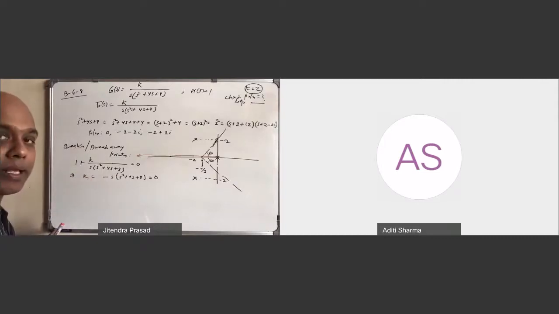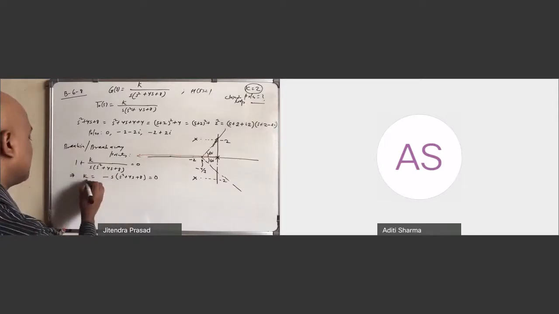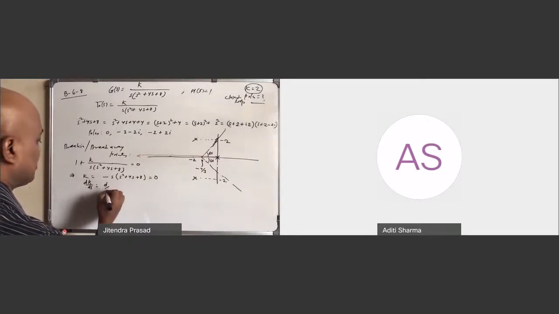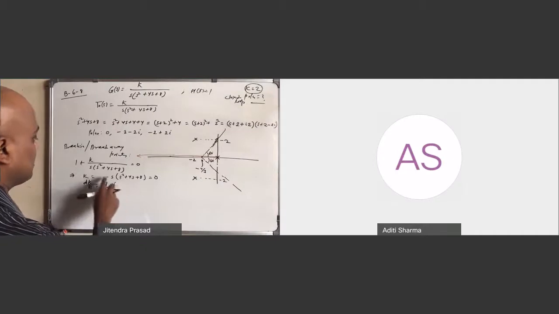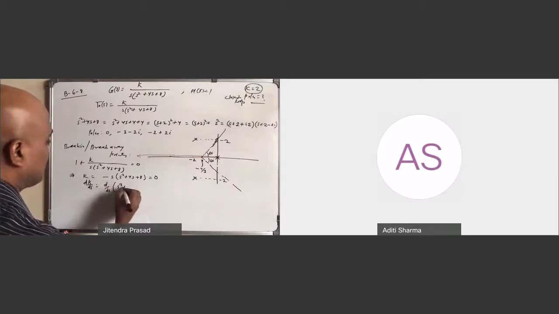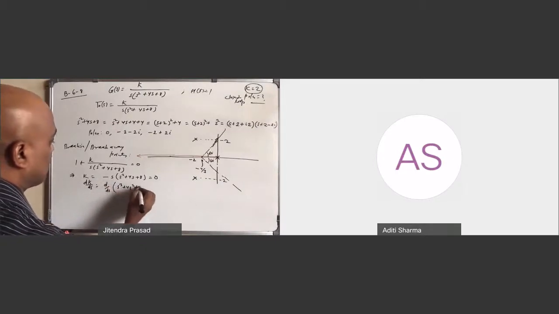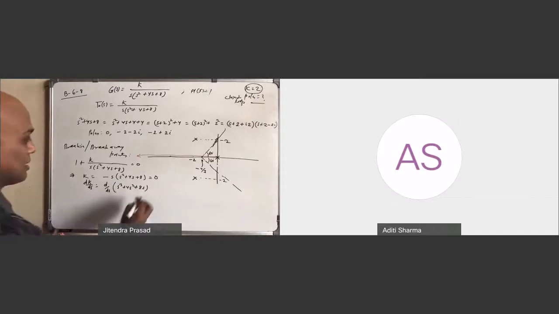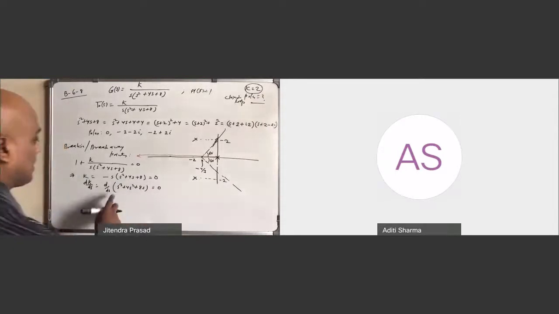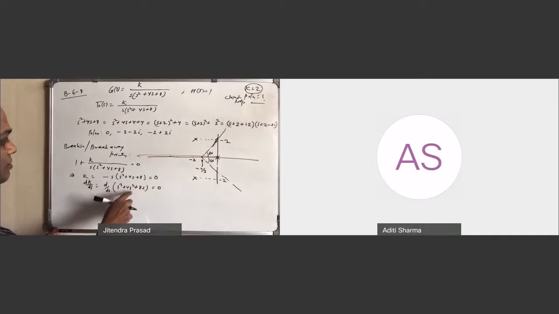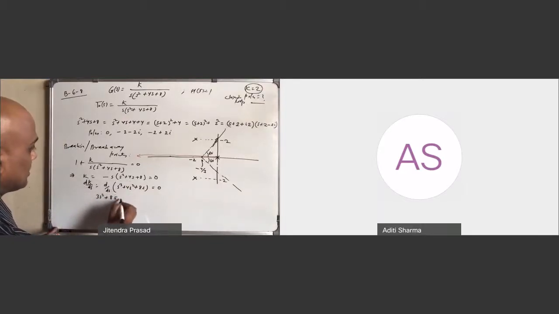Now we get dk over ds is equal to d over ds of s cube plus 4s square plus 8s, equal to 0, and then we get 3s square plus 8s plus 8 equal to 0.